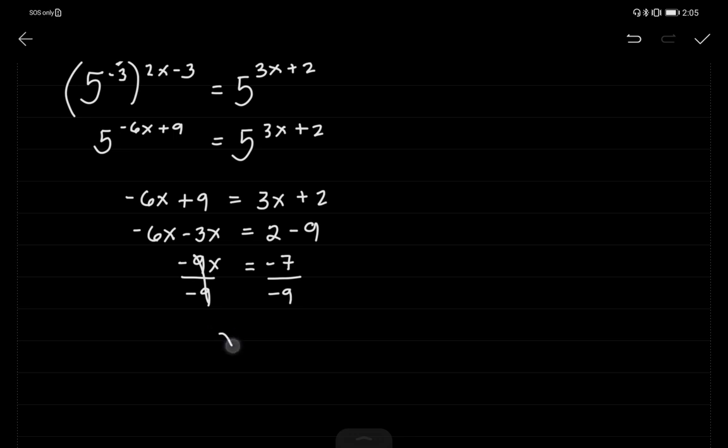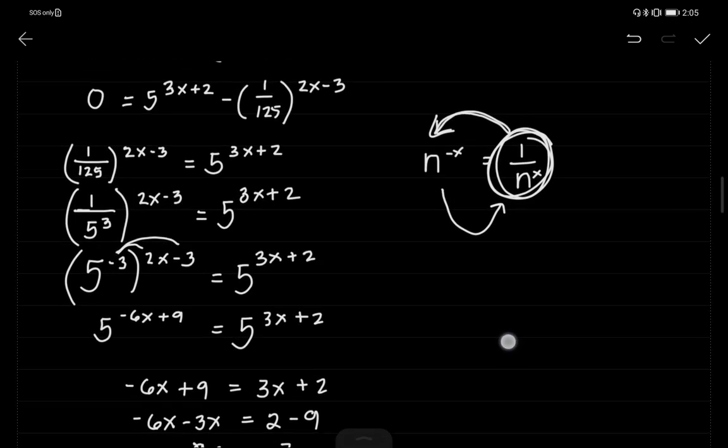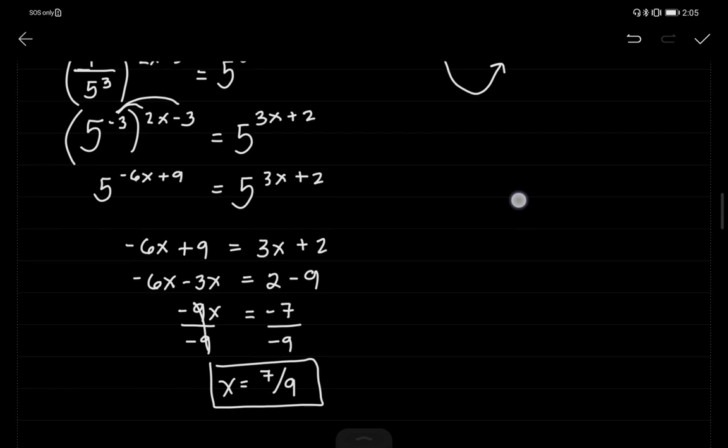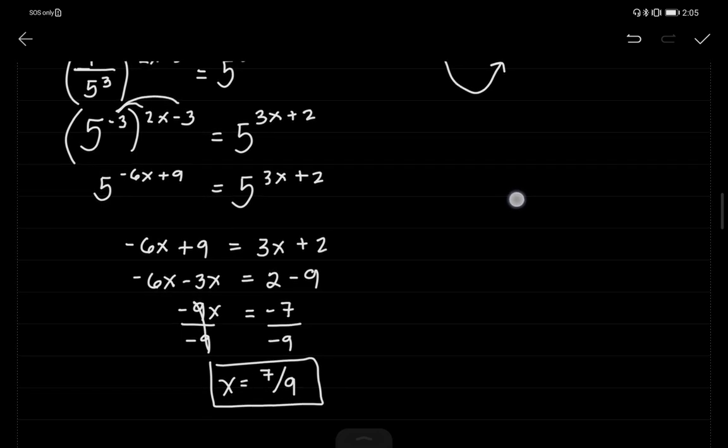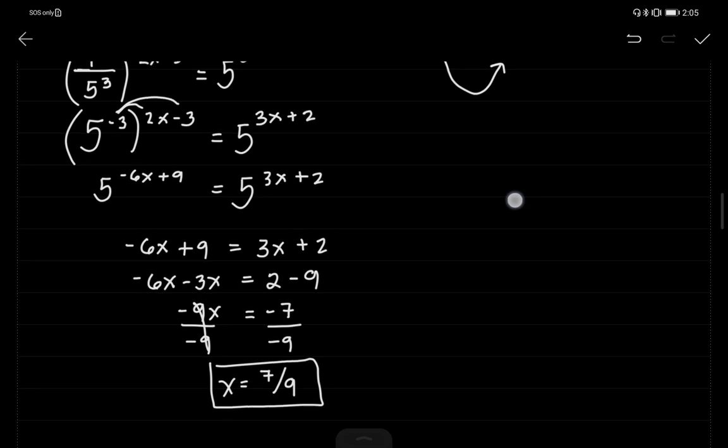So, therefore, ang x natin is equal siya sa positive 7 over 9. So, ibig sabihin, ang ating given function na ito is magzero siya if the value of our x is 7 over 9 or yung graph natin ay magta-touch siya doon sa ating x-axis na 7/9.